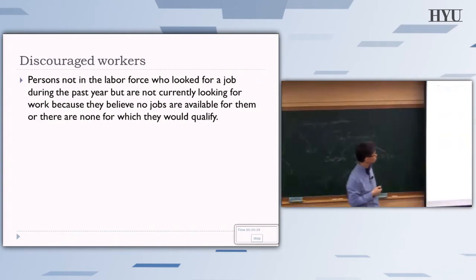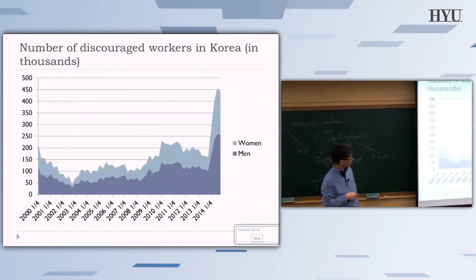Okay. So the Korean government, Korean statistics, collects information about the number of discouraged workers since, I think, the late 1990s. So you can see the numbers go up and down. But what is interesting is that recently the number has shot up so much. It's now like 500,000 people who are discouraged workers. But the statistical office says that they changed the definition of discouraged workers.